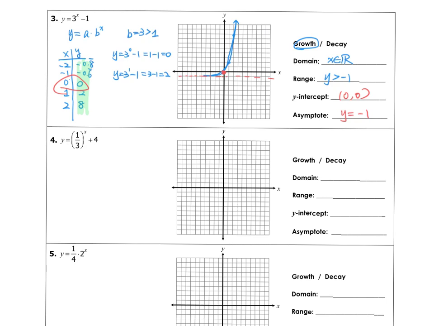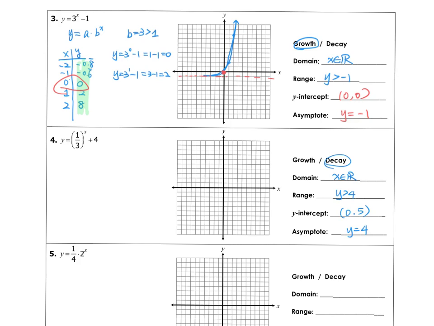I want you to pause the video, do number 4 by yourself, and I'll write the answers down here. Okay, that's the answer for 4. It's very much similar to number 3. And I also want to ask you to observe this pattern. When we have just the standard form, let's say what we did on the previous page, y equals 3 raised to the x, or y equals 2 raised to the x, the asymptote was y equals 0, right?